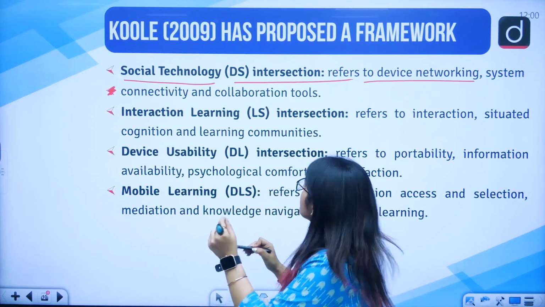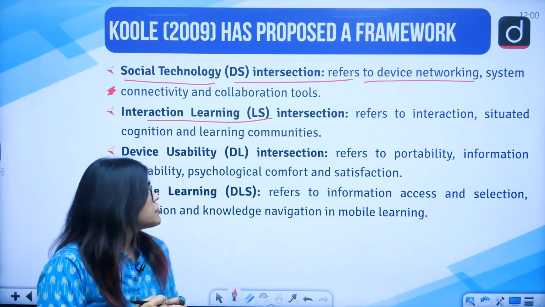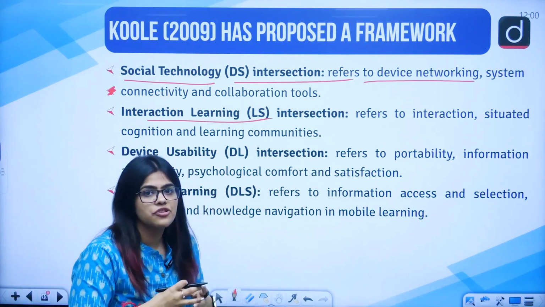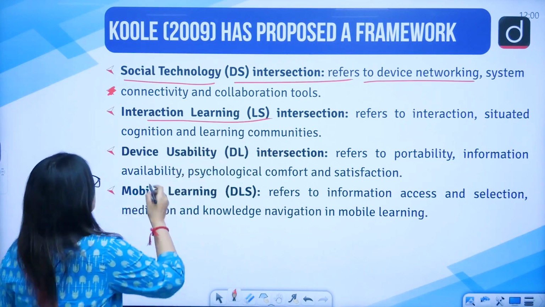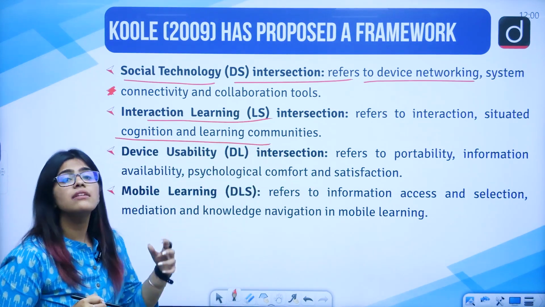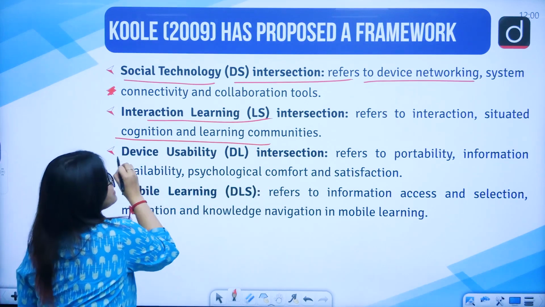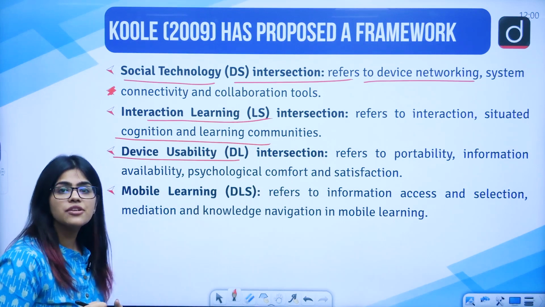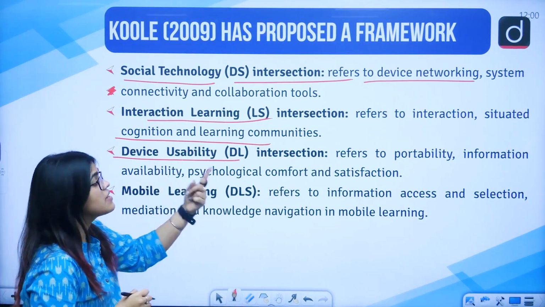There will be interaction learning. What is the interaction learning intersection? There will be some situation where learning communities will come together. There will be some cognitive and learning communities that will be created. Then there will be some device usability interaction. This intersection will talk about how the information is available.